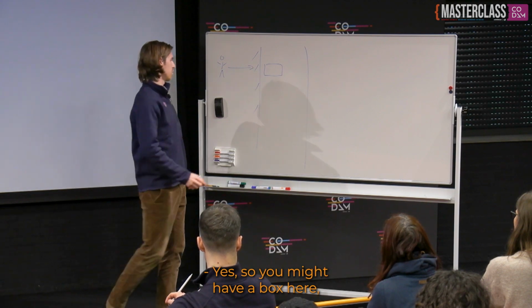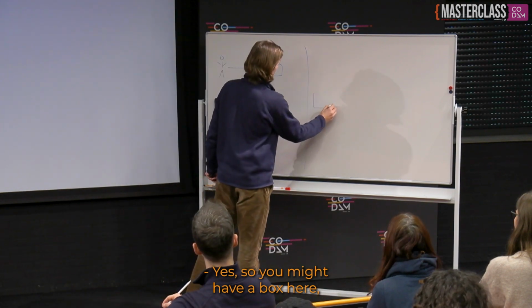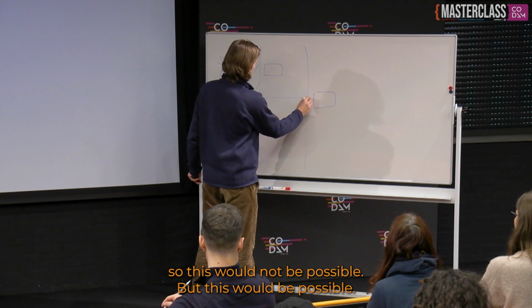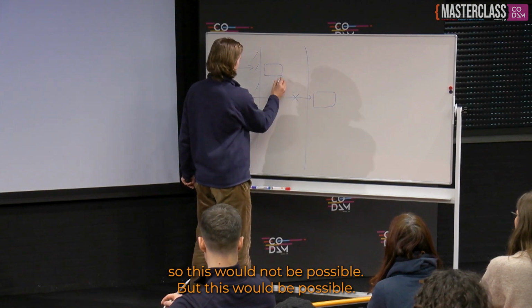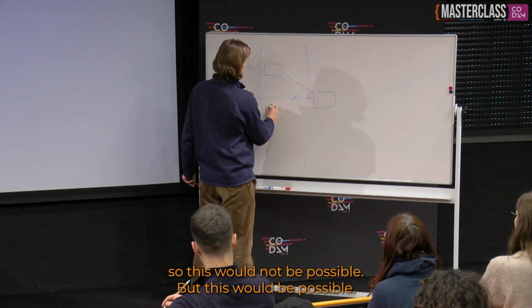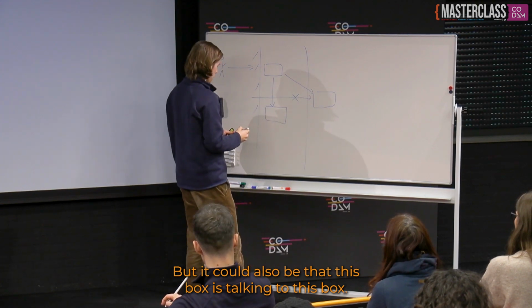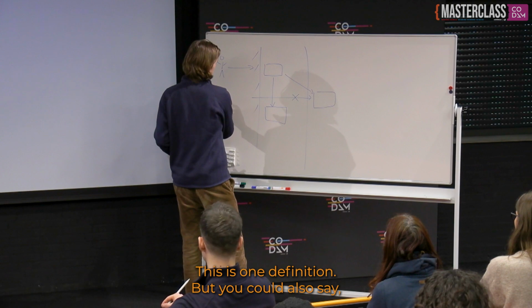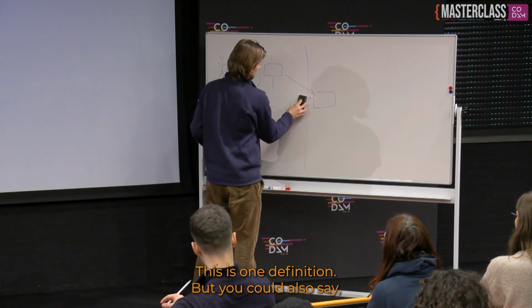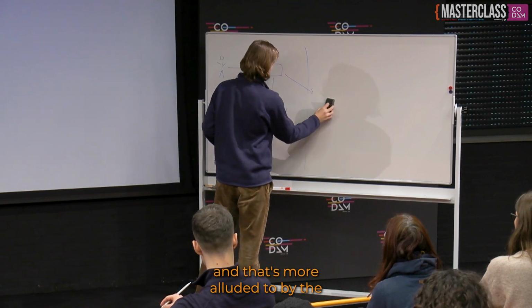So indeed you might have a box here. This would not be possible, but this would be possible. But it could also be that this box is talking to this box, right?